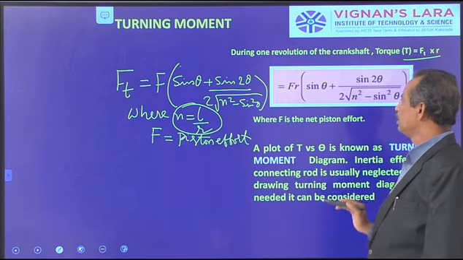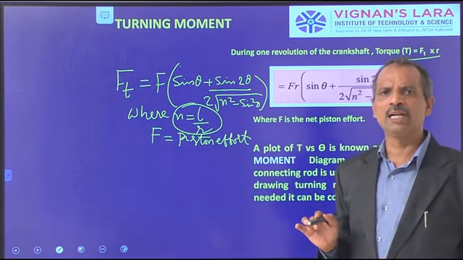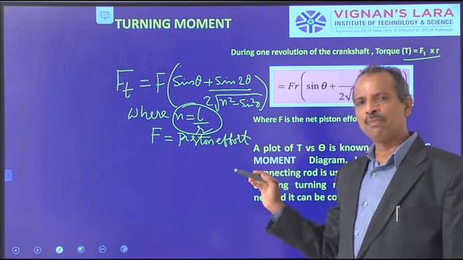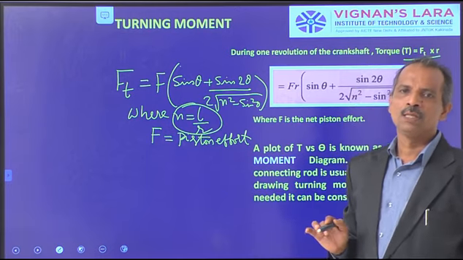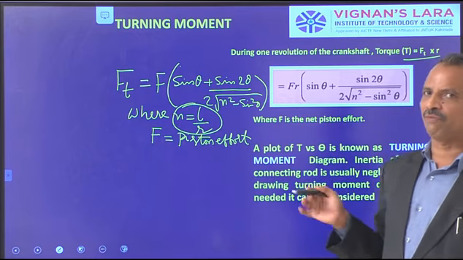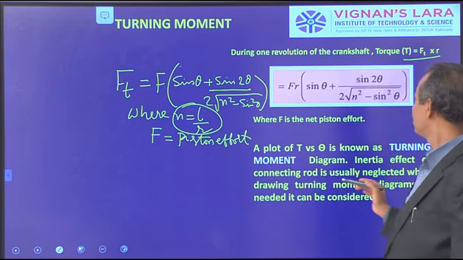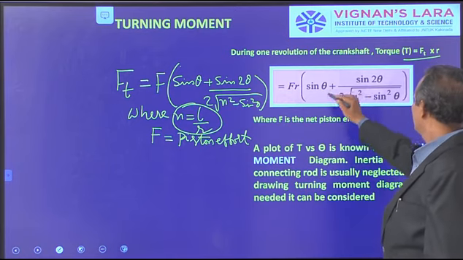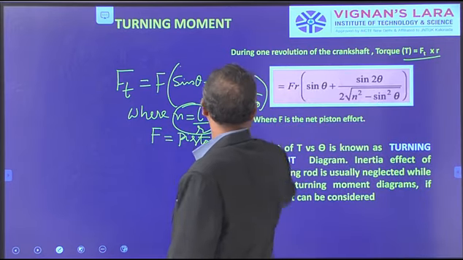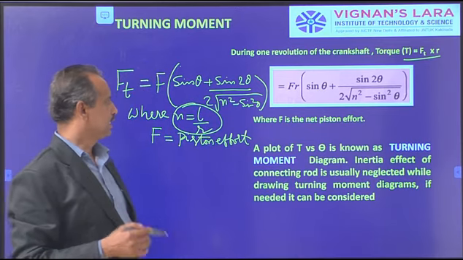F, the piston effort, is obtained as P1A1 minus P2A2 plus or minus FB. A1, A2 are fixed, P1, P2 are variables. And the inertia forces are also varying. Similarly here, theta is a variable. So one thing we can say, the turning moment is a function of the crank angle, that is theta.